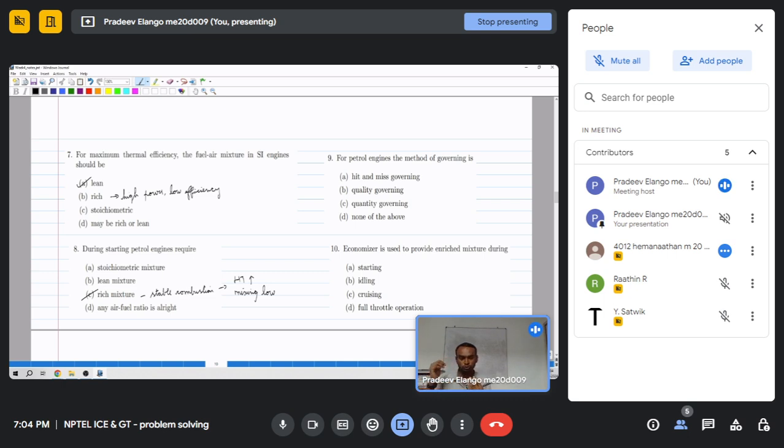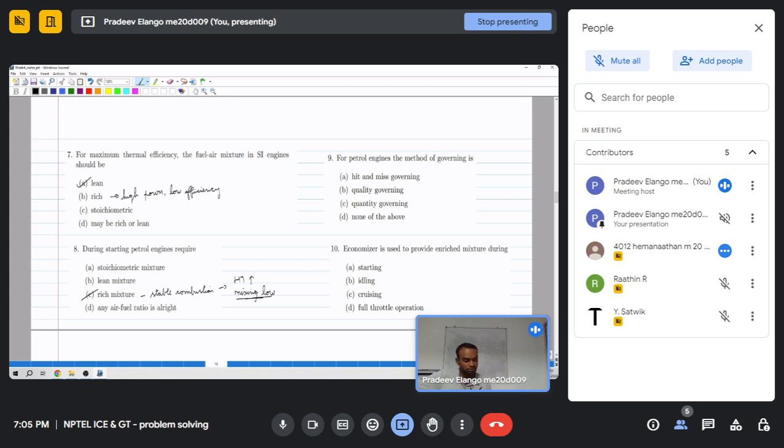The RPM is low, so the piston velocity is low, and the velocity at which the air enters is low. Because of this the turbulent kinetic energy will be lesser, and this leads to low mixing, so we need a rich mixture during starting and idling.